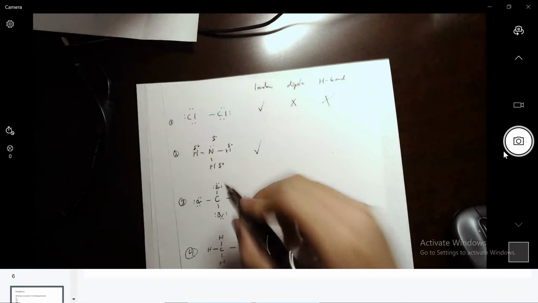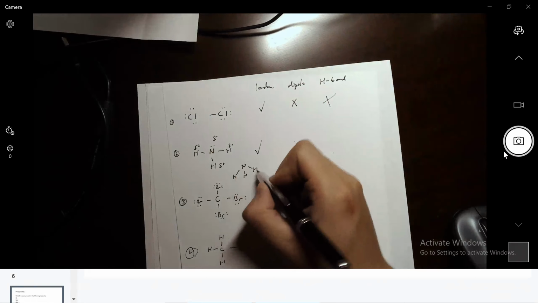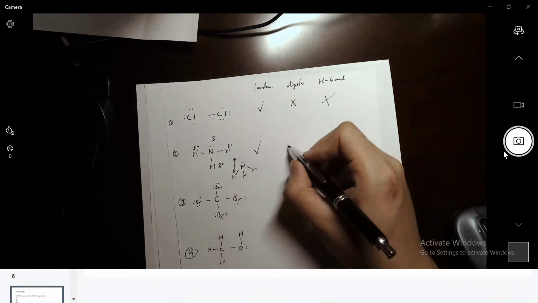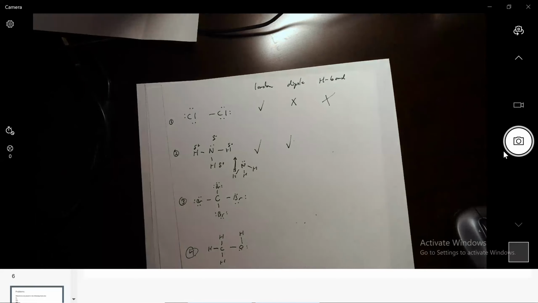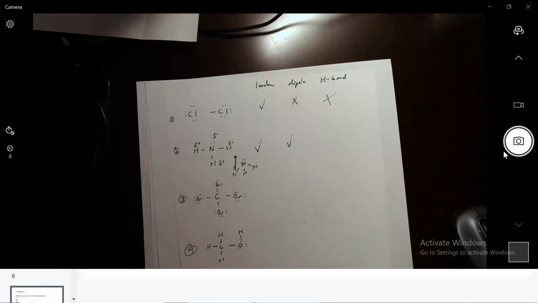And then if we look at the structure, we have an overall dipole. So yes, we have dipole forces. What about hydrogen bonding? Do we have hydrogen bonding in ammonia, NH3?